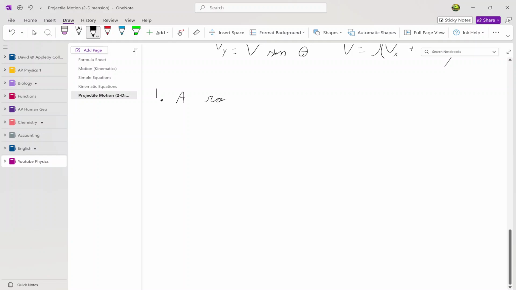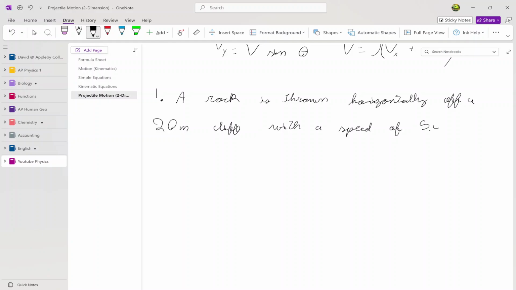So let's say a rock is thrown horizontally, that's important, off a 20-meter cliff with a speed of 5 meters per second. So A and B as always.